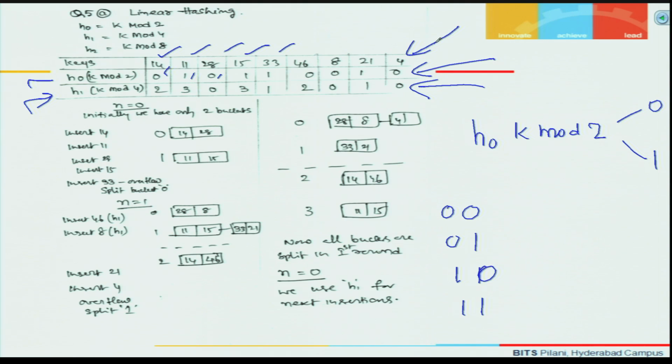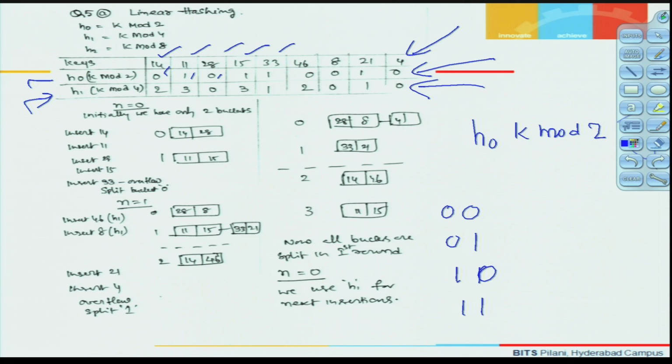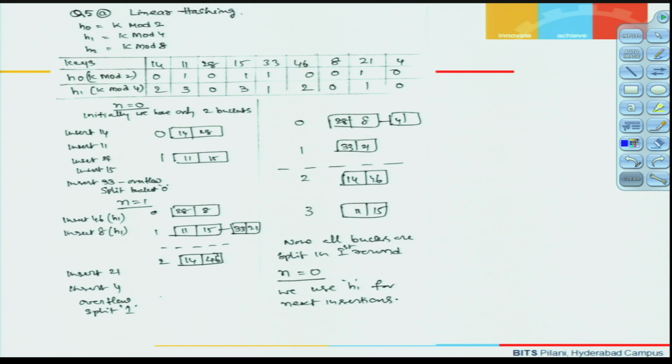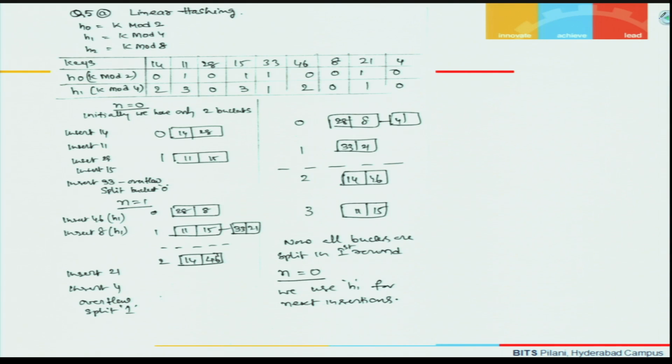And further, let us assume that a disk block can store only 2 records. Now initially I will be applying only k mod 2, hence I have only the 0th bucket and the first bucket.